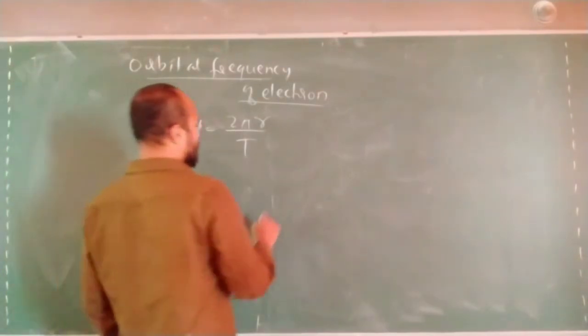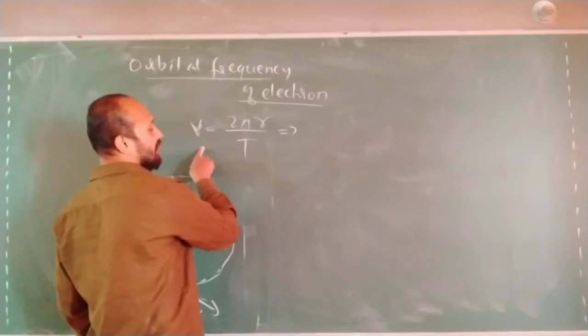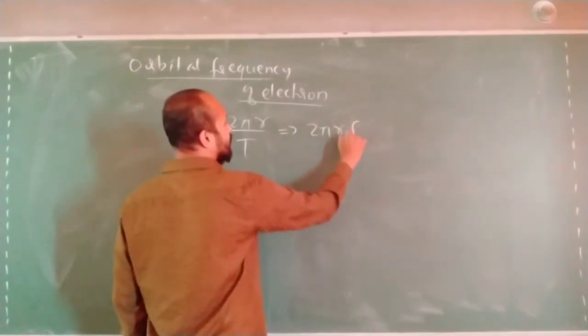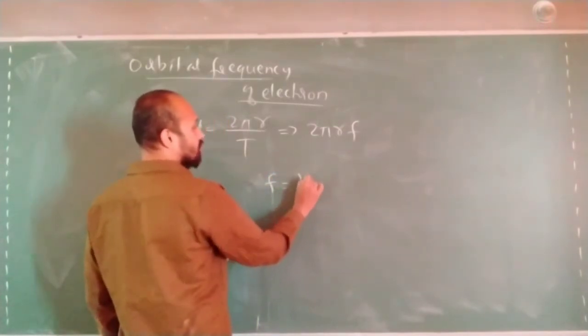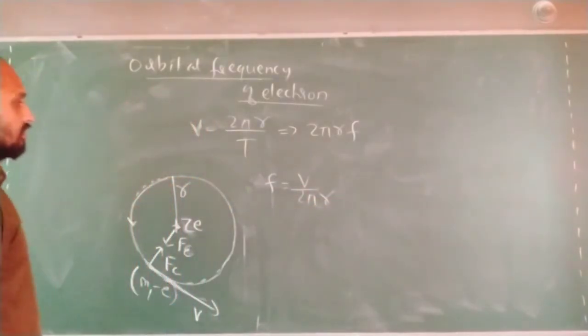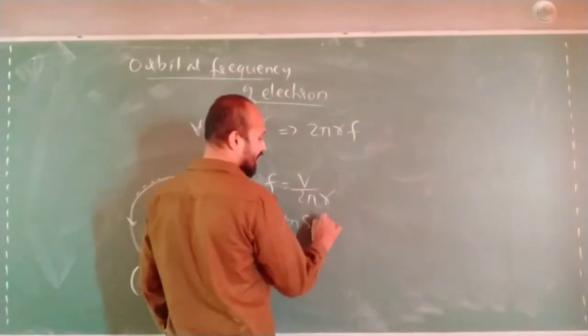So what is this? Velocity, the speed of an electron. Here, 1 by the time period I can write as f, so V is equal to 2 pi r into f, or f is equal to V divided by 2 pi r. Correct? I will not derive it.